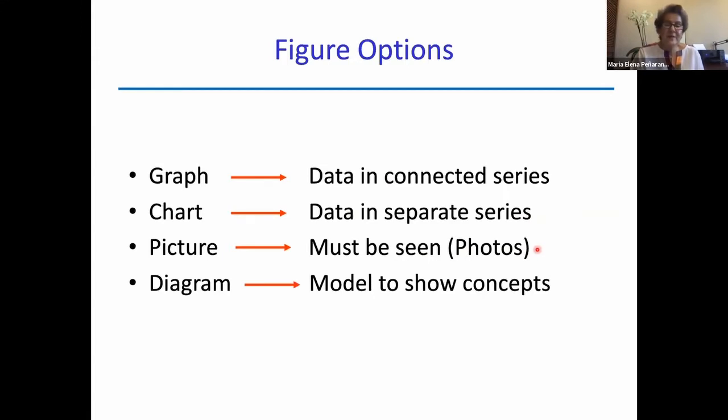It has to be necessary for the results to show this photo, because it's not recommended if it's just to show pretty things. And a diagram is where you can make models to show your concepts, and I'm going to do an example of that.